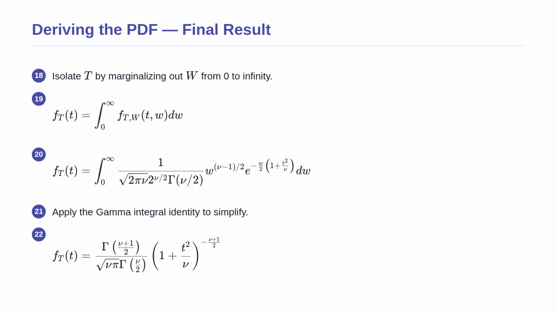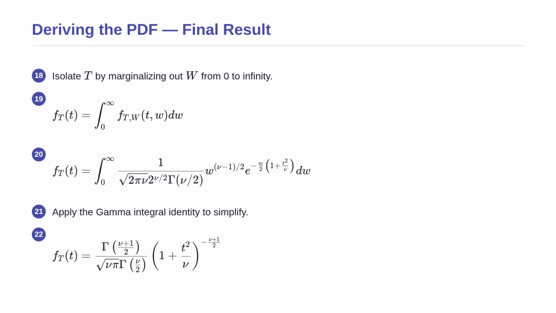To reach our final result, our ultimate goal is to find the probability density function for the t variable alone, without the dummy variable w cluttering the equation. We perform a mathematical process called marginalization. This involves integrating our joint equation with respect to w over all possible values, from 0 to positive infinity.